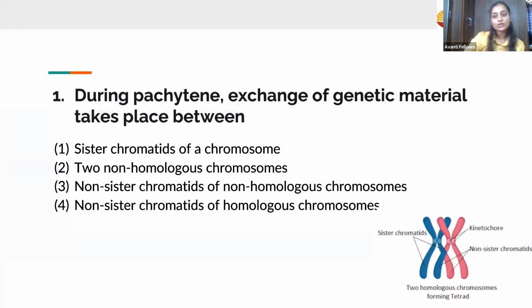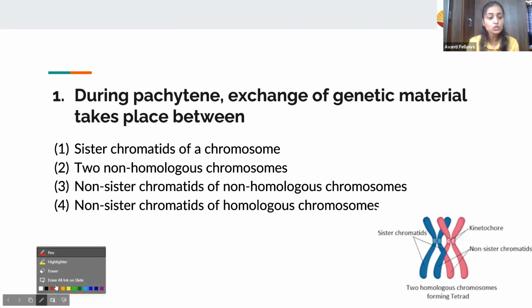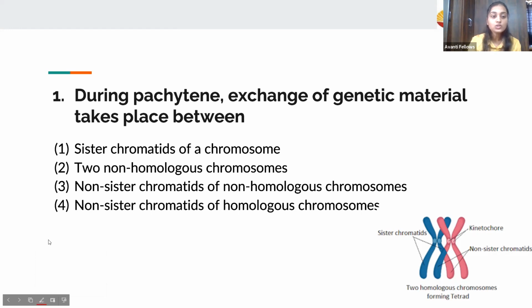So the first question is this. During pachytene stage, exchange of genetic material takes place between. The options are: between the sister chromatids of the chromosome, or the two non-homologous chromosomes, or the non-sister chromatids of the non-homologous chromosomes, or between the non-sister chromatids of the homologous chromosomes.